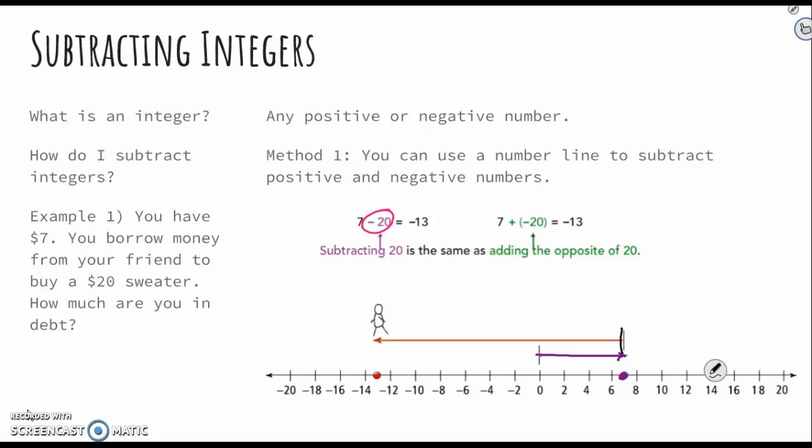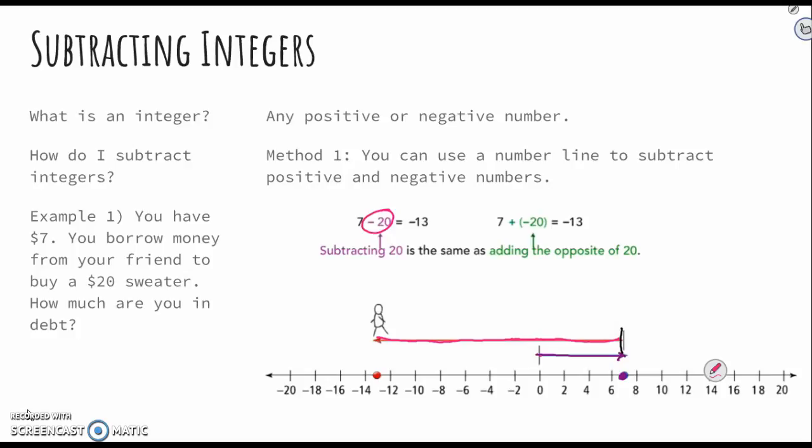We turn around because negative represents stopping and turning around and moving in the opposite direction. So from here, we're going to move 20 units to the left. That's 2, 4, 6, 8, 10, 12, 14, 16, 18, 20 units.